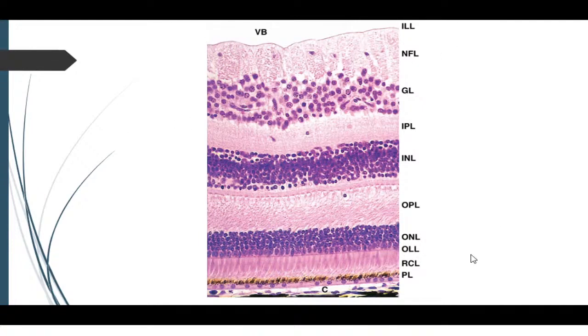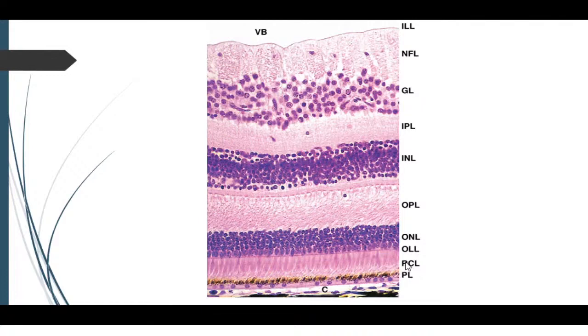We have seen that the retina is inverted. So light migrates through all 10 layers of the retina. The first layer starts near the choroid: the pigment epithelium.